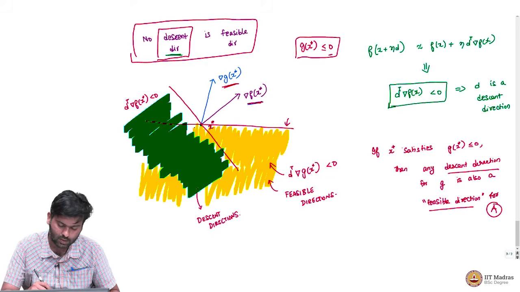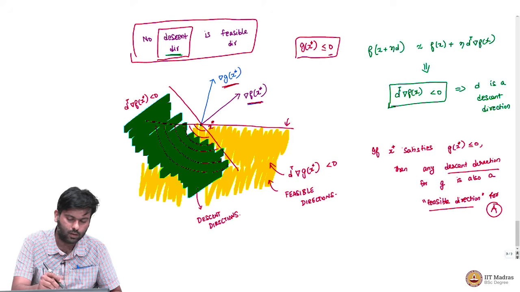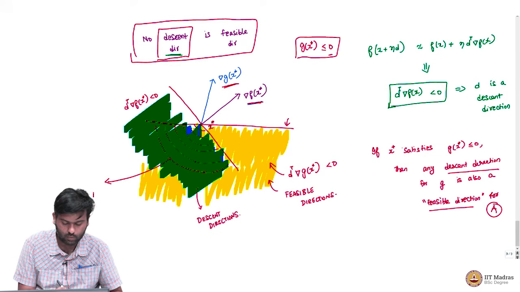So, which means that in this case any direction which is here in this cone is both descent and feasible.